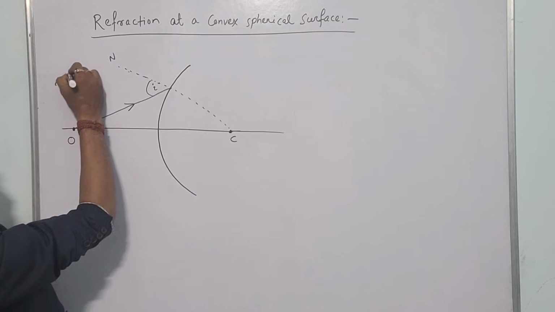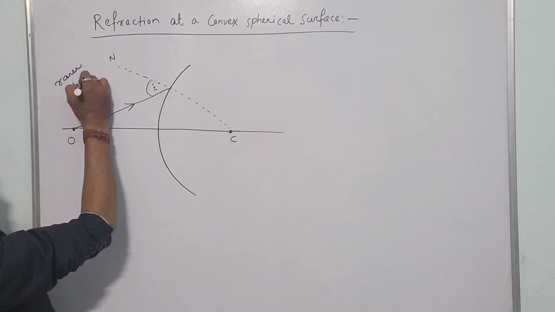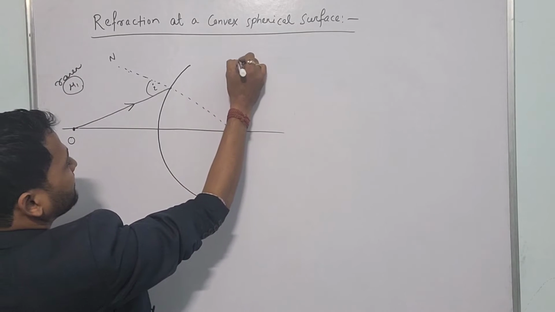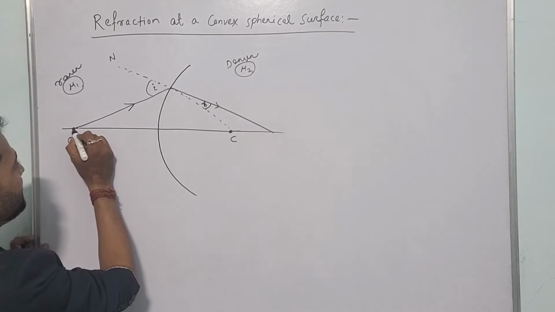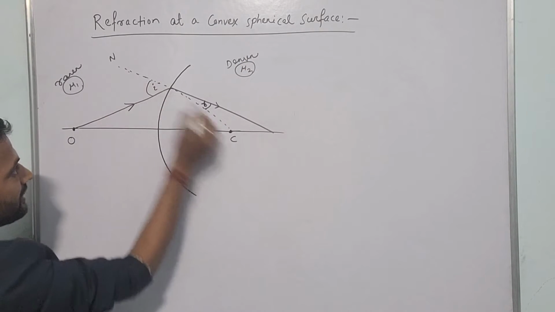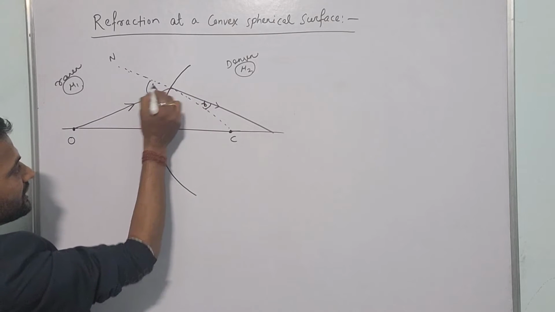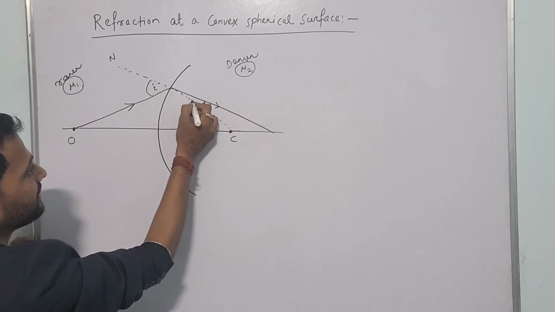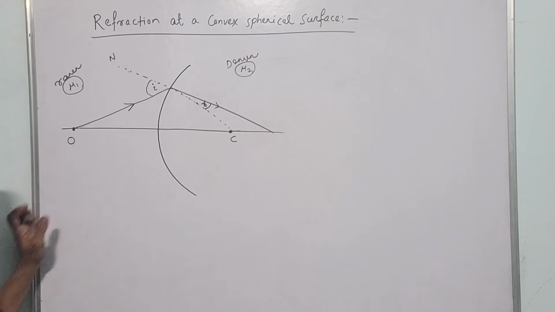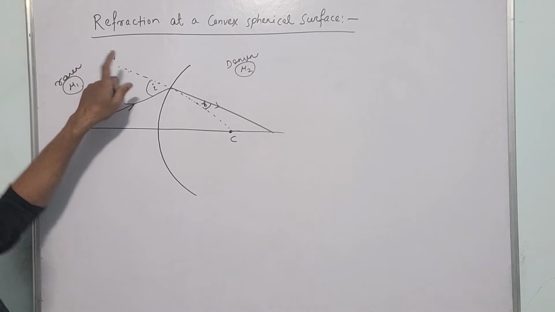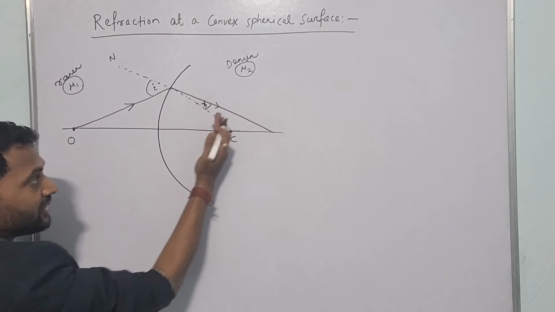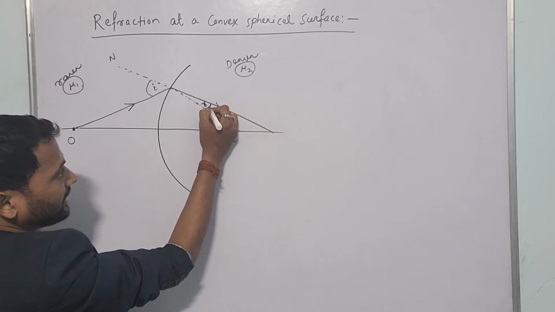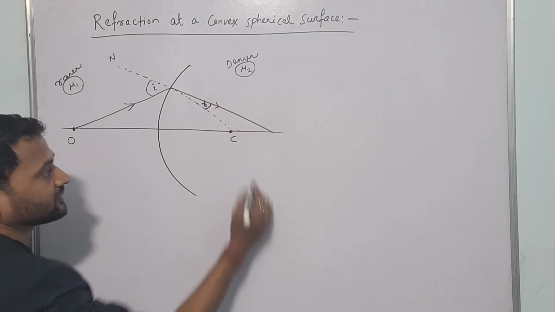And one more thing, this medium is the rarer medium, refractive index is mu1. This medium is the denser medium, refractive index is mu2. So again I repeat, this is the incident ray, the angle between normal and incident ray is i, the angle of incidence. And as you know, as per the principle of refraction, if a ray is coming from the rarer medium to the denser medium, the refracted ray bends towards the normal and the angle is the refracted angle.